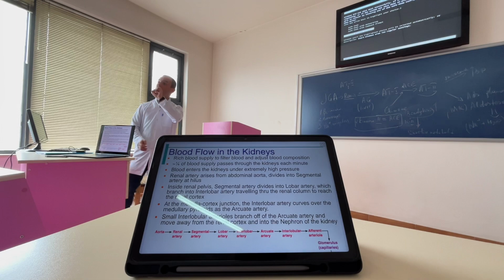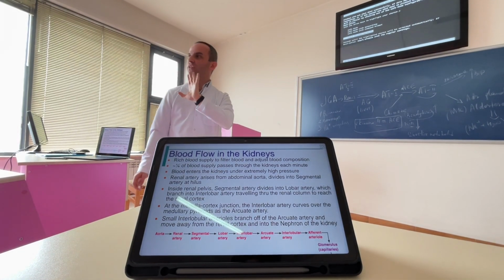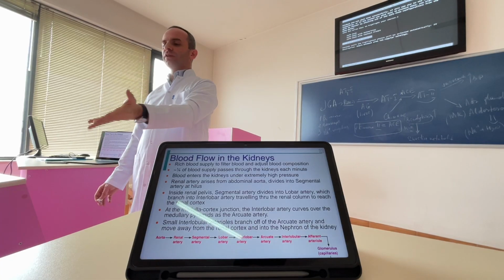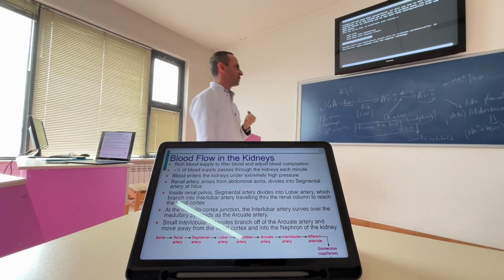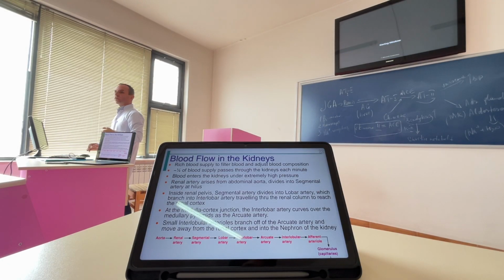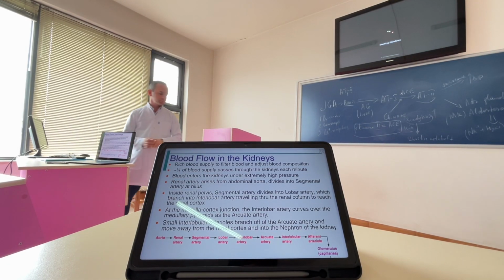Here in the glomerulus, we have an arteriole entering and an arteriole coming out: vas afferens, vas efferens, or afferent and efferent arterioles in English, taken from Latin.